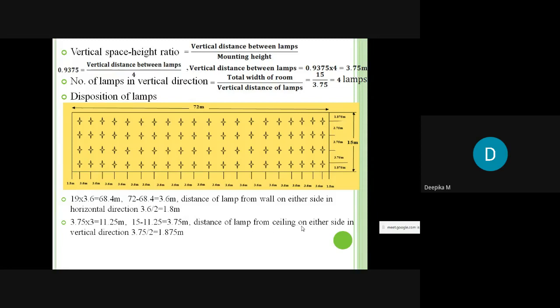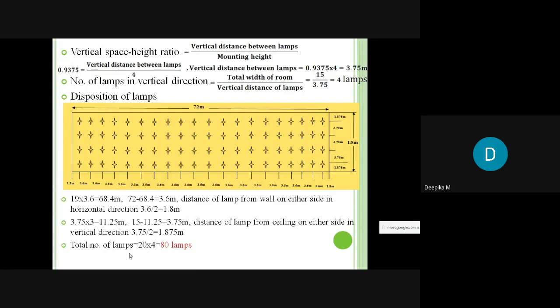So the distance of lamp from ceiling, the vertical distance on either side of vertical direction, is 3.75 by 2, which is 1.875 meters. So this is the distance of lamp from ceiling and the lamp. Like this, we need to calculate this distance also.